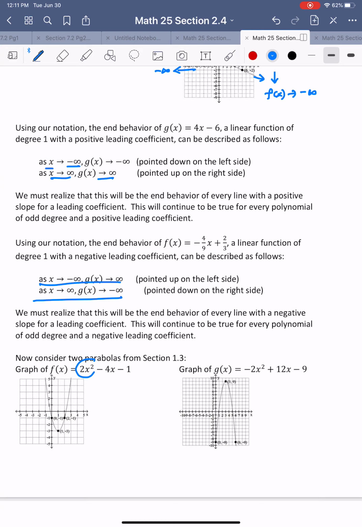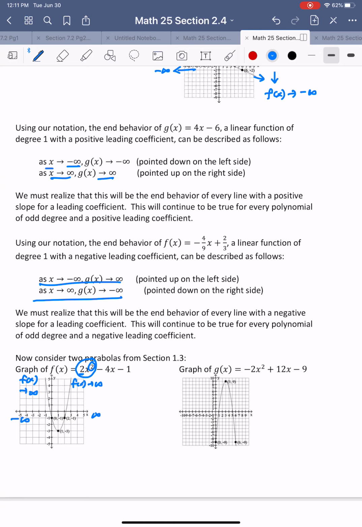Now we have a leading term where the leading coefficient is 2 and the degree is 2. When you have an even degree, which is a quadratic function, it goes up. When x goes to positive infinity, f of x goes to positive infinity too, and when x goes to negative infinity, f of x also goes to positive infinity.